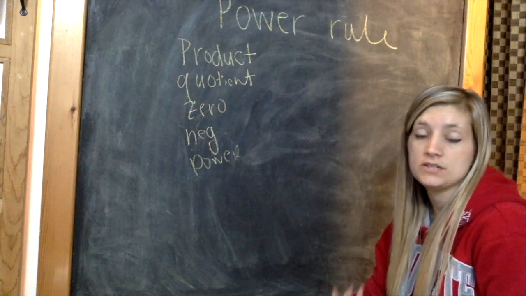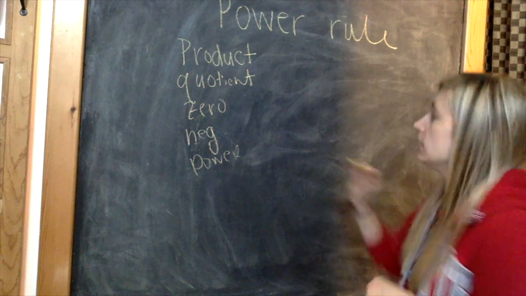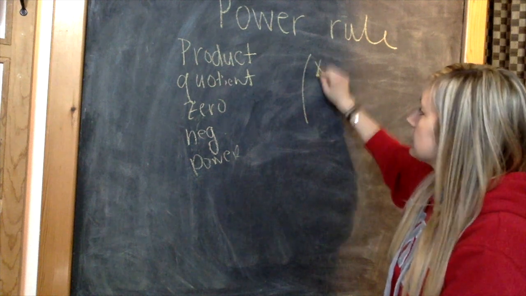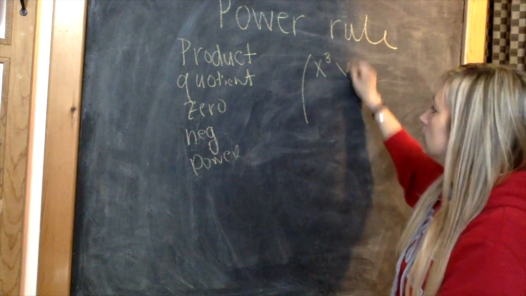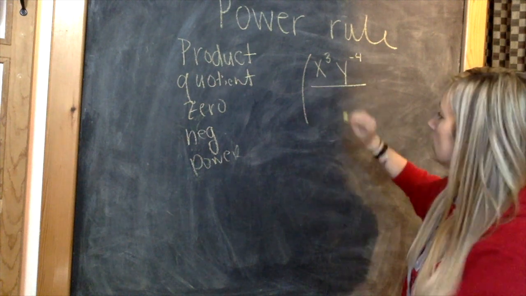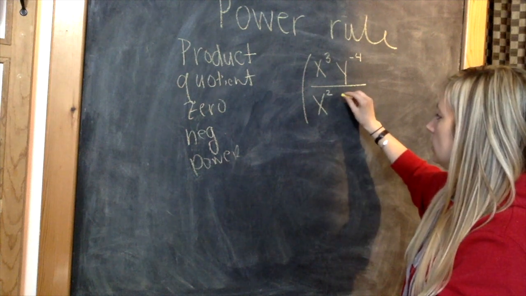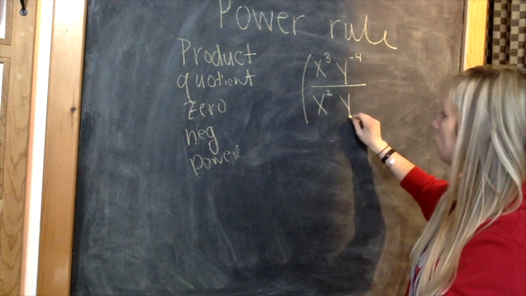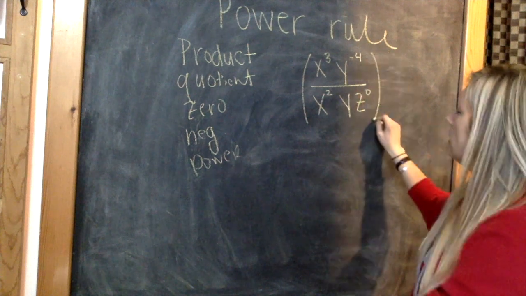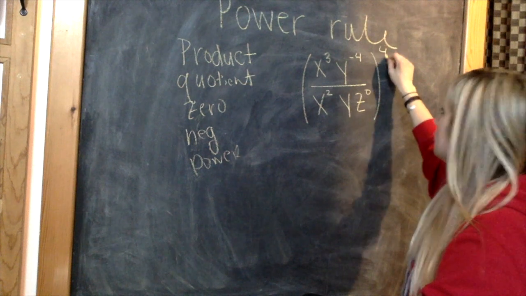Okay, so now let's do some where all of the rules are mixed together, and let's see which route you would take. So you might have, let's go x to the 3rd, y to the negative 4th, over, let's go x squared, y, and z to the 0. All of that raised to the 4th.